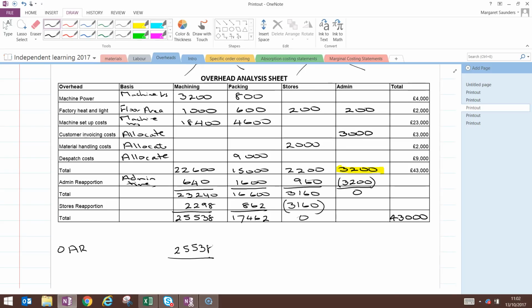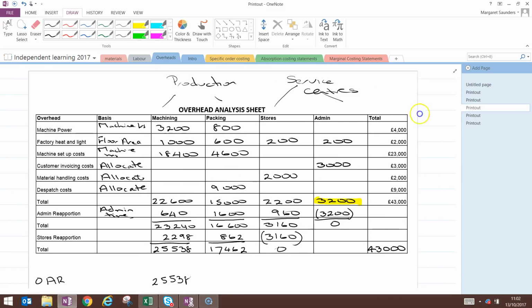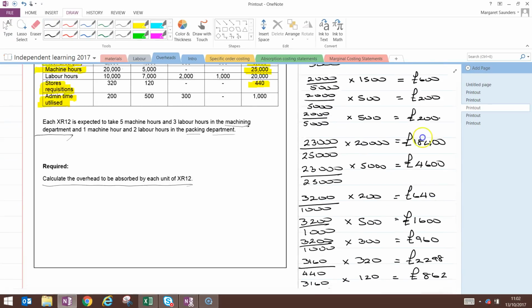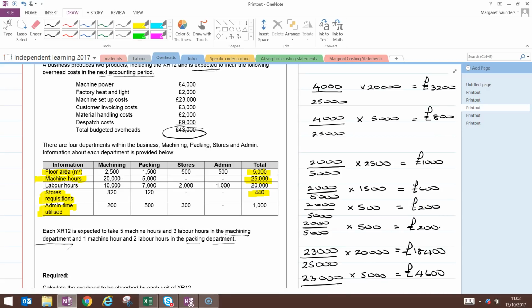So we need to look at the information that we have. Now, given that this is the machining department, it would make sense to use the machine hours. We have 20,000 machine hours in the machining department.